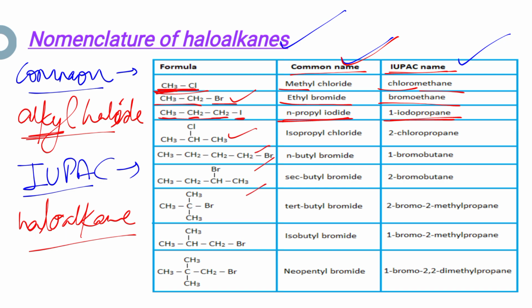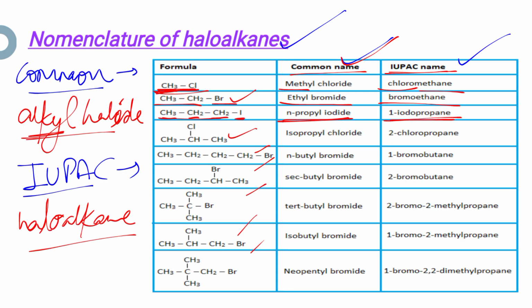Same for other compounds. We have this type of compound. This is a very basic compound, and the structure is known as bond line structure. Bond line structure shows that every corner of the given compound contains carbon.